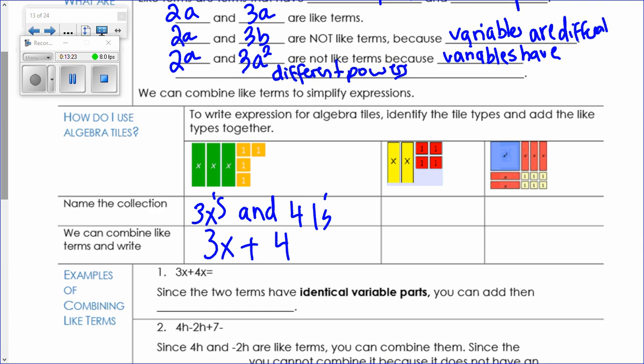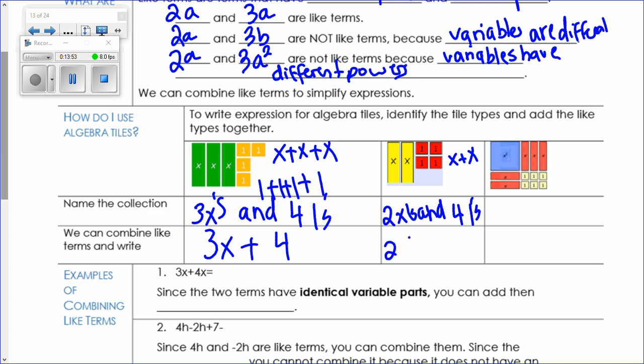Or you could say x plus x plus x. That's 3 x's. 1 plus 1 plus 1 plus 1 is 4. In the next one, I have x plus x. So 2 x's and easy peasy 4 1s. In general, that's 2x plus 4.